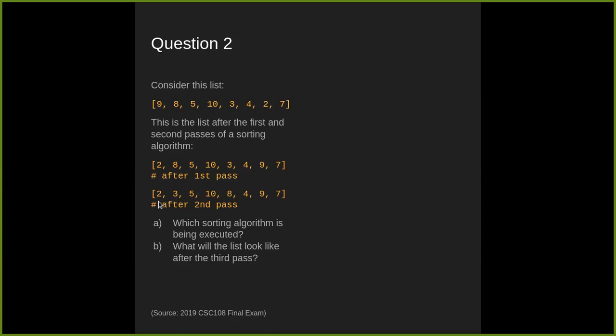And after the second pass, it would be 2, 3, 5, 10, 8, 4, 9, and 7. Part A is asking which sorting algorithm is being executed here, and what will the list look like after the third pass? I'll give you guys 2 minutes to answer the question.